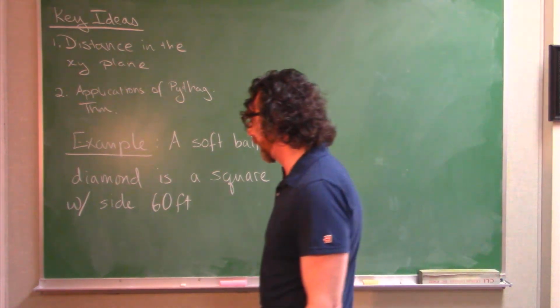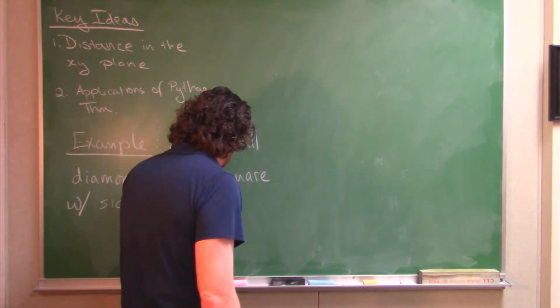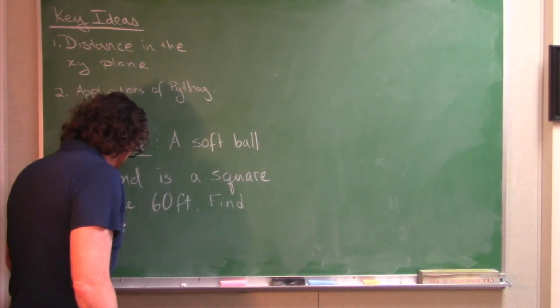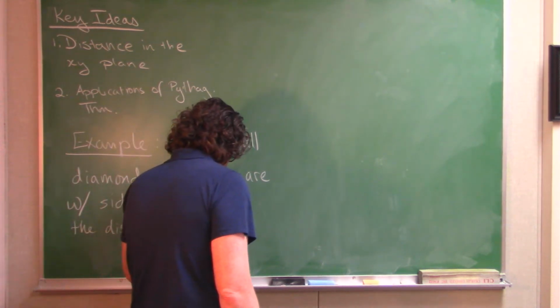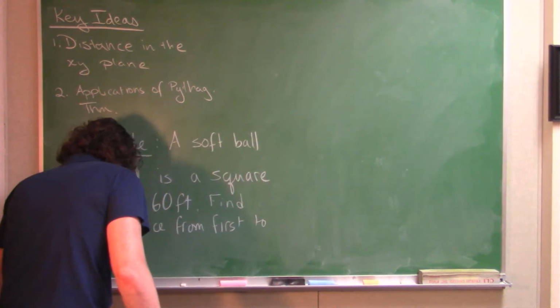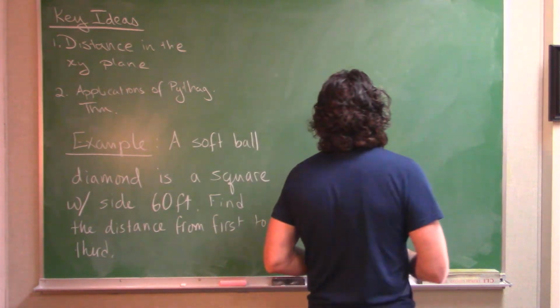Okay, so we got a square of side length 60 feet. Okay, find the distance from first to third.